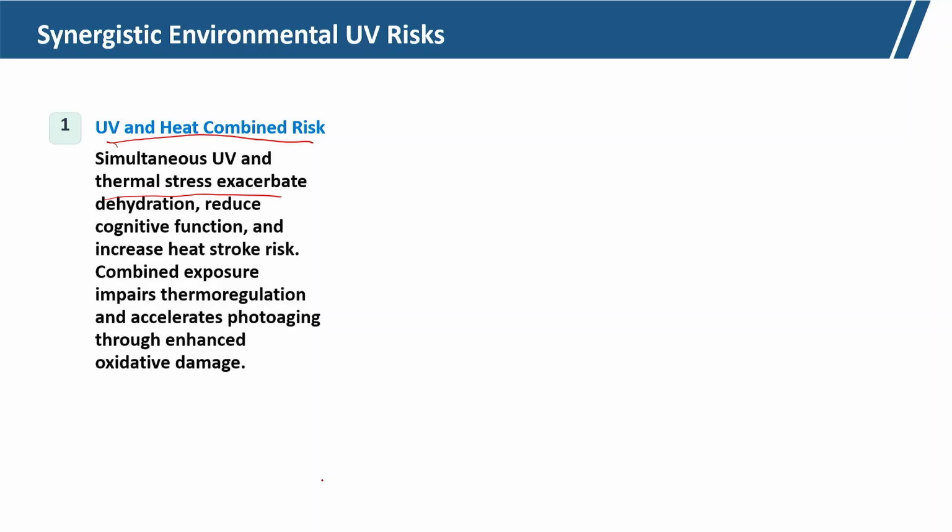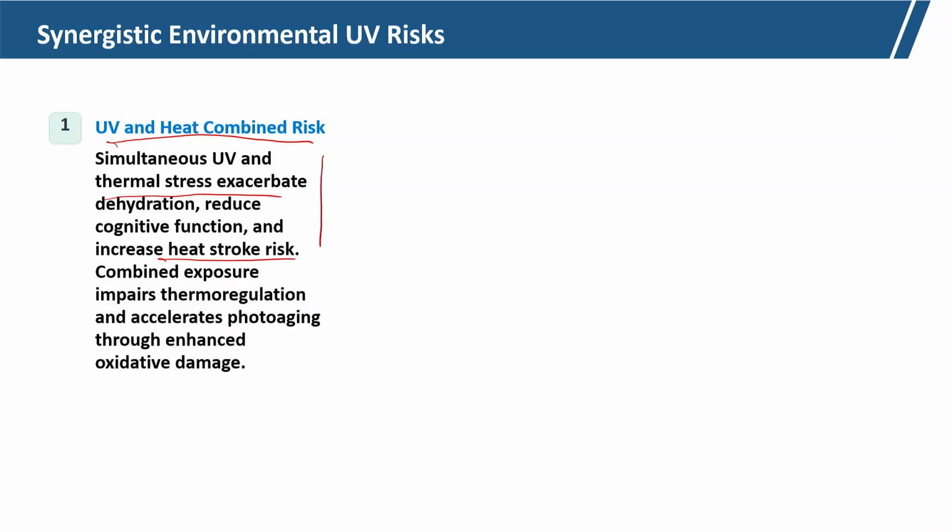So, their efficiency reduces and the chances of heat stroke are there. Along with the UV, the heat is always associated with the UV. So, in addition to the UV exposure, we are facing all other risks.